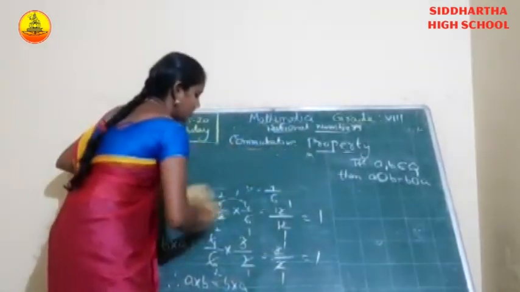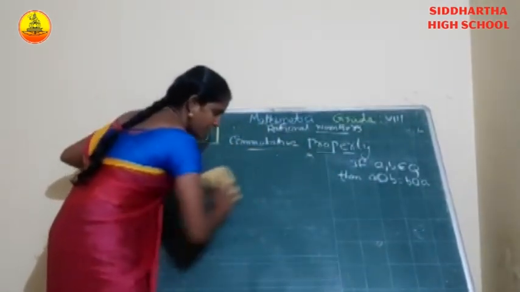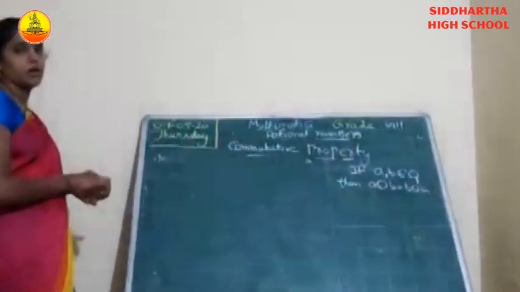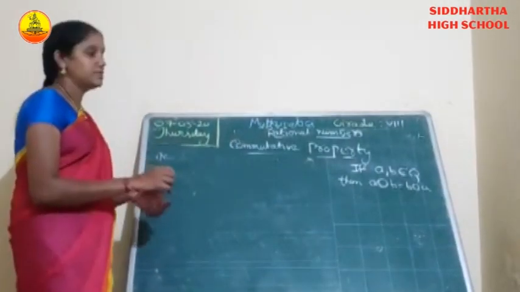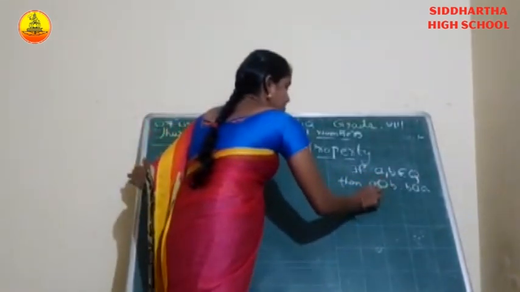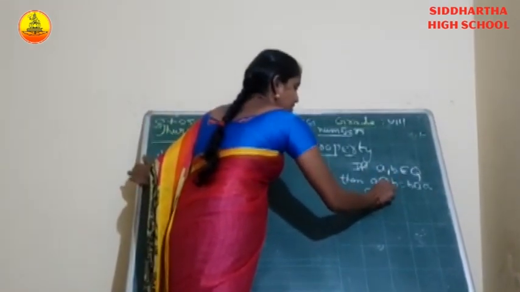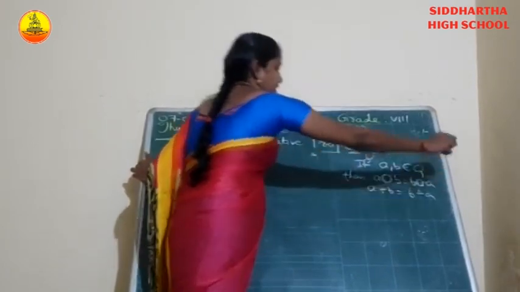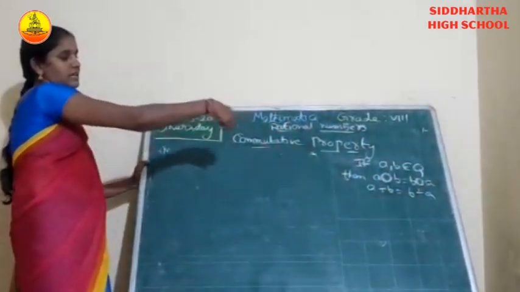Now, commutative property under division. We have 4 operations: addition, multiplication, subtraction and division. Here division means, in the place of the circle you keep the division symbol. We will see whether they are equal or not.